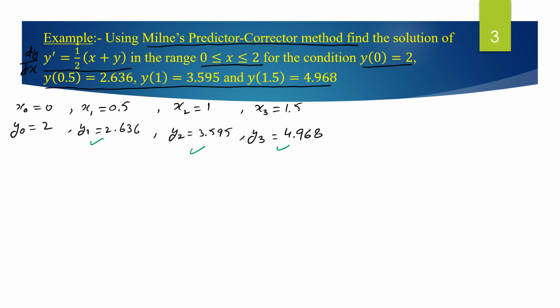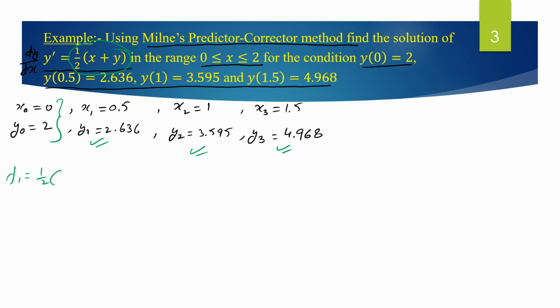If these three values are not given in a problem, and only the initial condition is given, when x0 is 0, y0 is 2, we have to calculate these three values by using the Picard formula or Taylor series. Now we have to find the values of f1, f2 and f3. The function is 1 by 2 x plus y.